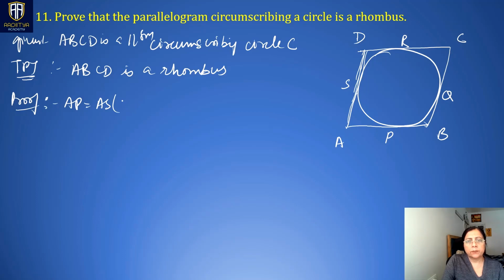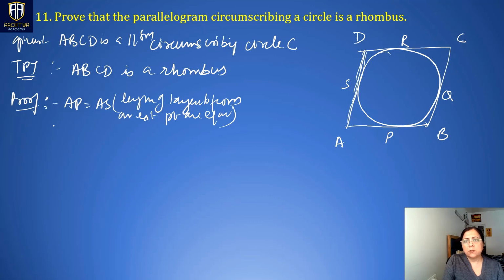What is the reason? Length of tangents from an external point are equal, right? So AP is equal to AS. Then we start with B. We have BP is equal to BQ with the same reason. Similarly from C, CR.